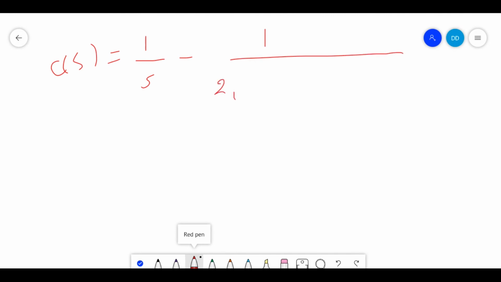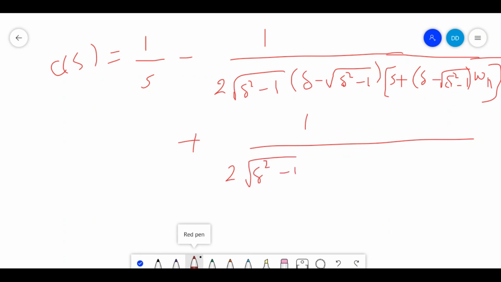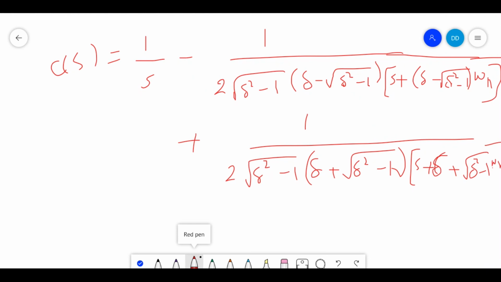So we get C of S equal to 1 by S minus 1 divided by 2 root of delta square minus 1 into delta minus root of delta square minus 1 into S plus delta minus root delta square minus 1 into omega n, plus 1 over 2 into root delta square minus 1 into delta plus root of delta square minus 1 into S plus delta plus root delta square minus 1 into omega n.